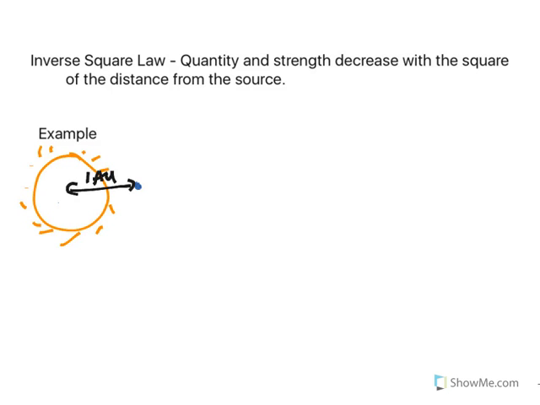Now the force of attraction between the earth and the sun is just the force due to gravity. And what we want to find out is if we move the earth a distance of 3d away. So we went from 1 AU, we're going to move it out another AU, and then move it out again another AU.